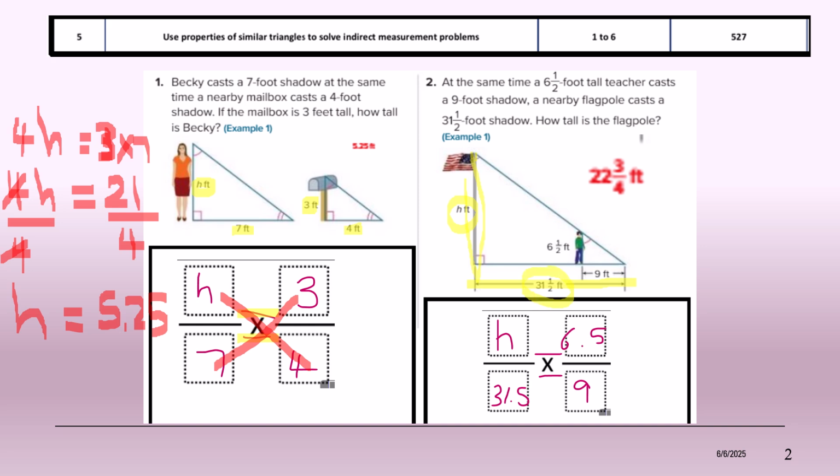And then you go to find your second triangle. Always color or shade it so it makes it easier. And therefore you get the measurement 6.5 over 9. Using the same method of proportion, cross multiply, and you should get the answer of 22.34.